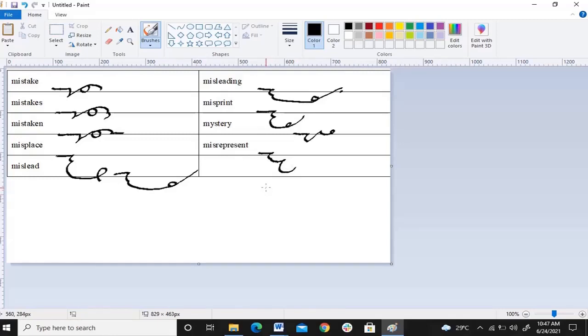Present is PR. So, yung misrepresent natin, MSRPR. Okay, ulitin natin yung ating misrepresent. So, we have MS for miss, and then represent. Okay? So, there you go.